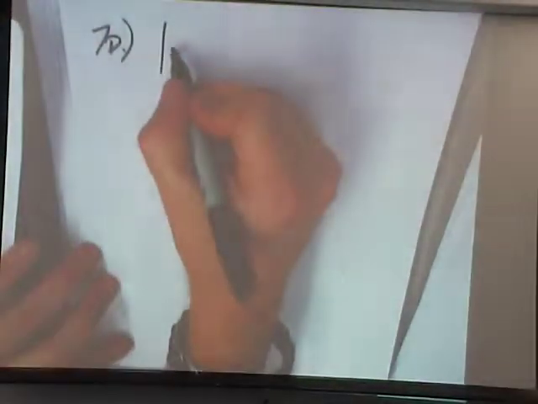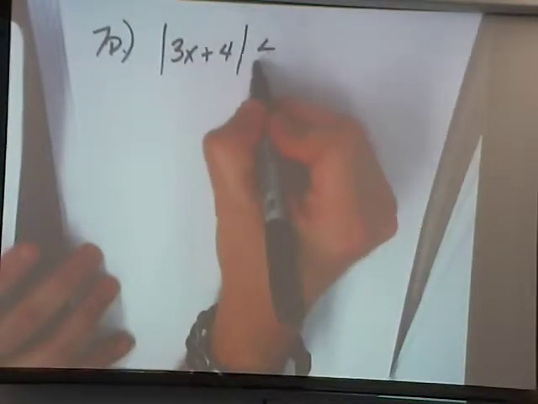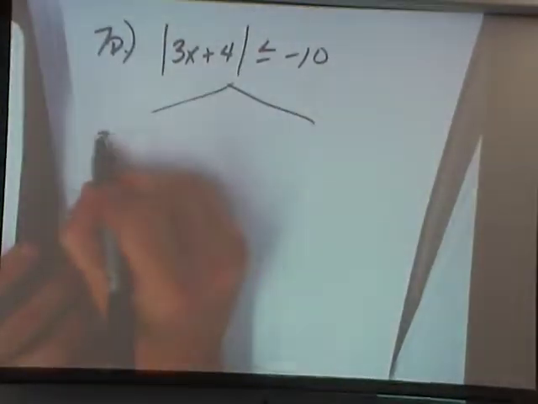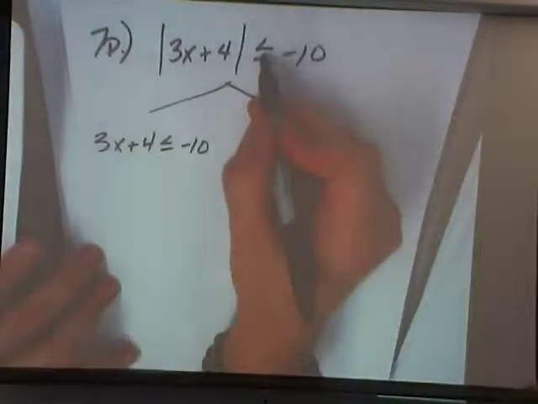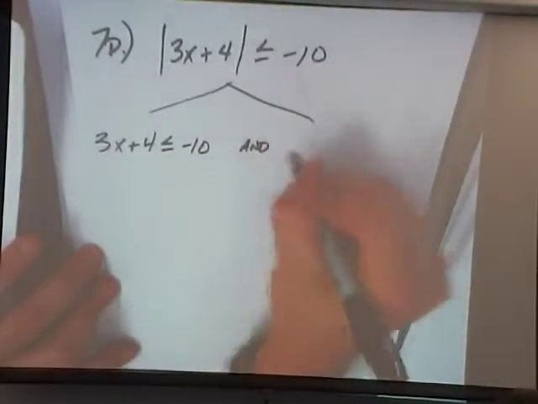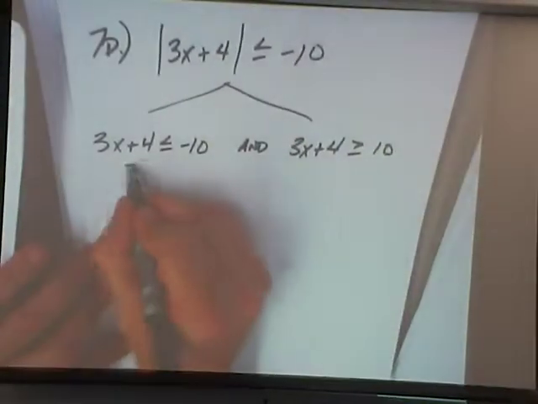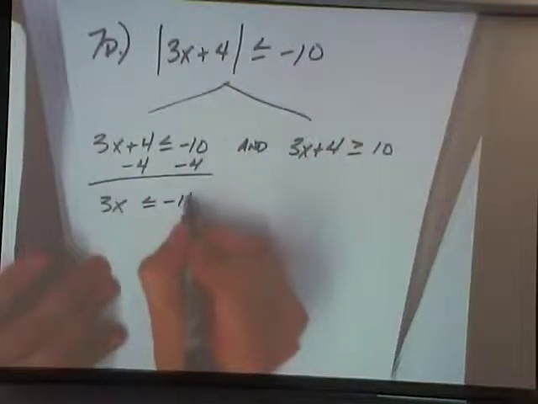7D. Absolute value of 3x plus 4 less than or equal to negative 10. It's less than, so we'll use and. 3x plus 4 greater than or equal to 10. 3x less than or equal to negative 14.